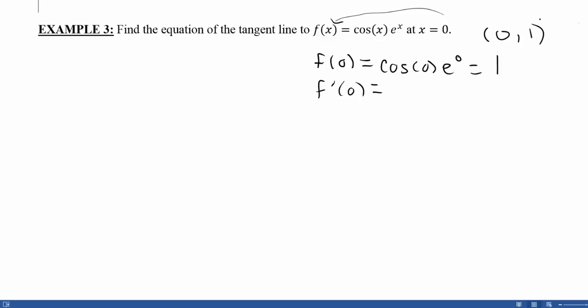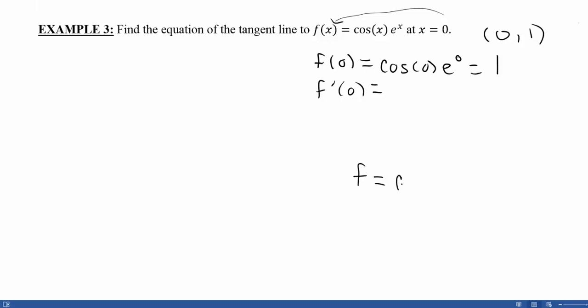In order to get my derivative at 0, I'm going to have to use a product rule to find the first derivative of this function. Now here's a case, like I mentioned before, where we're calling this function f of x. So when we do our side work, it might be confusing to call our functions f of x and g of x. So instead I'm just going to call them f and g to remember that I'm just doing this on the side.